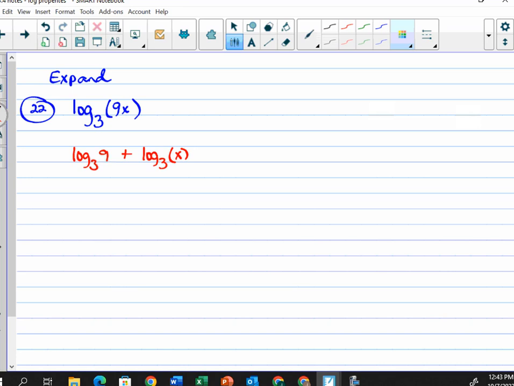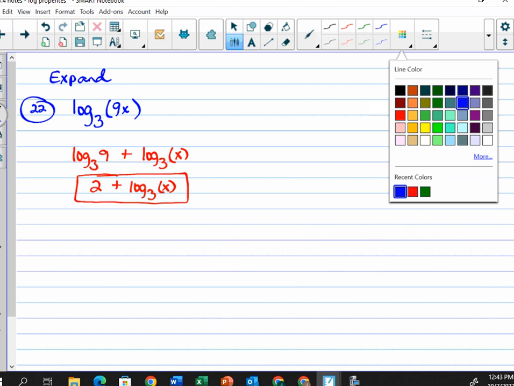Can I simplify either of those? Yes. What is log base 3 of 9? 2. So your answer is 2 plus log base 3 of x. Okay. That's it. You expanded.